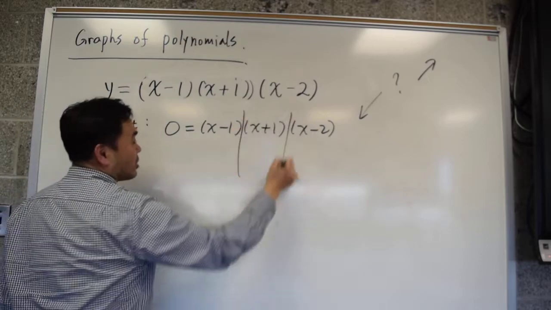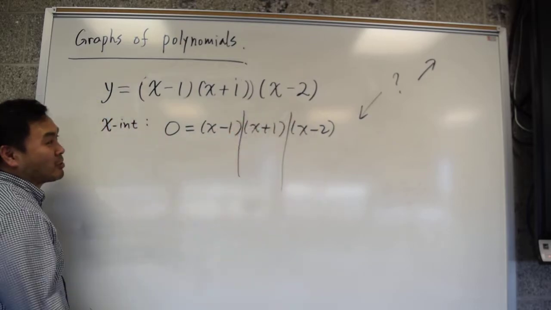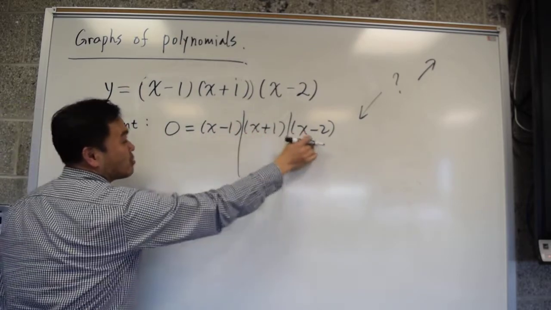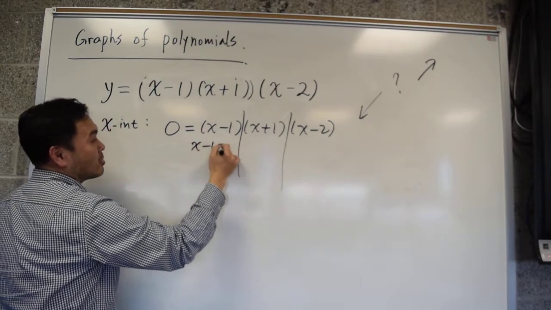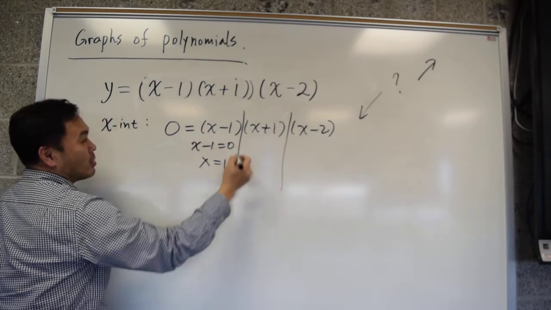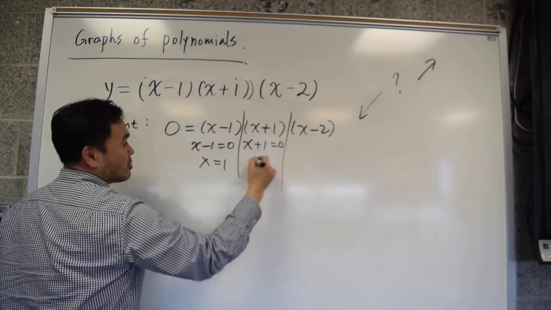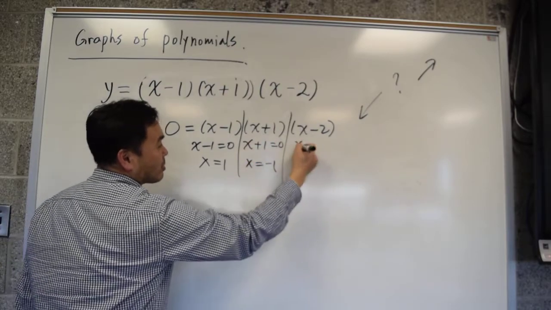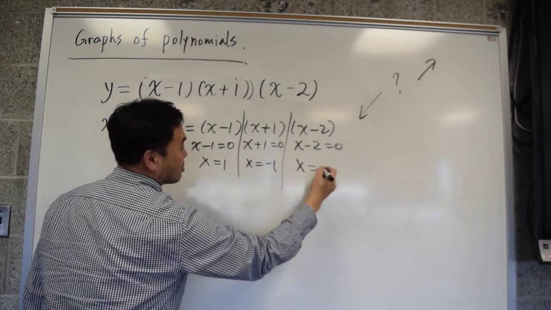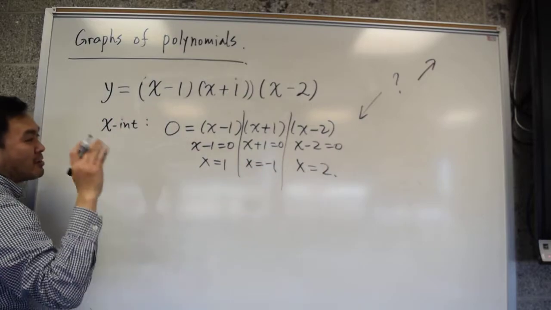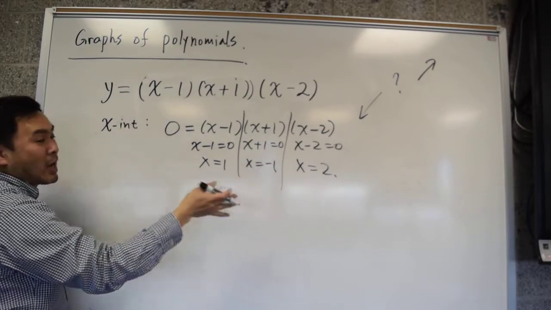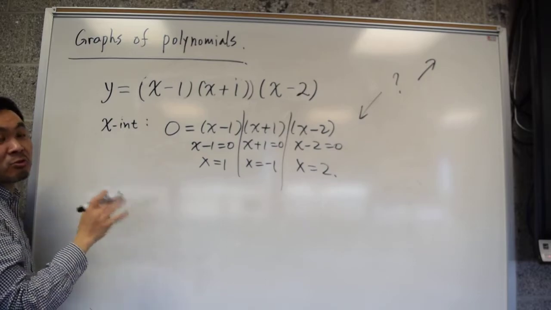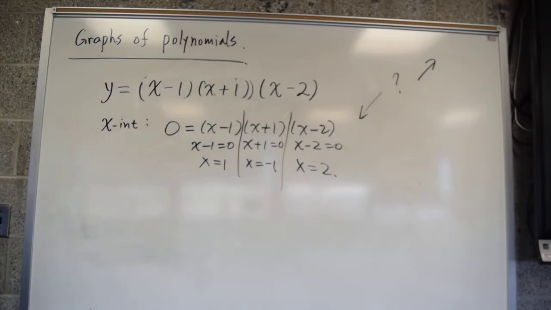Solve this. Well, if something's multiplied to give you 0, at least one of them has to be 0. Either x minus 1 is 0, which means x should be 1, or x plus 1 is 0, which means x should be negative 1, or x minus 2 should be 0, which means x is equal to 2. So you know that when x is 1 or negative 1 or 2, at those places y becomes 0, so these are the x-intercepts. Good?